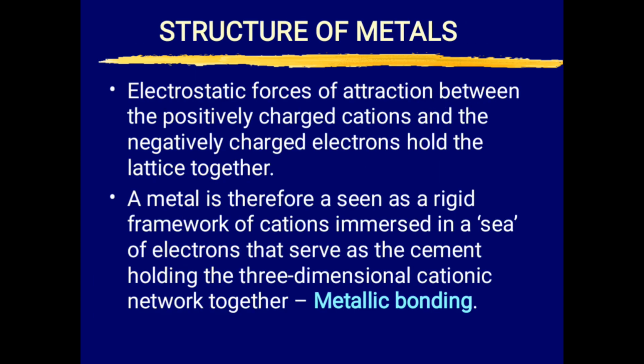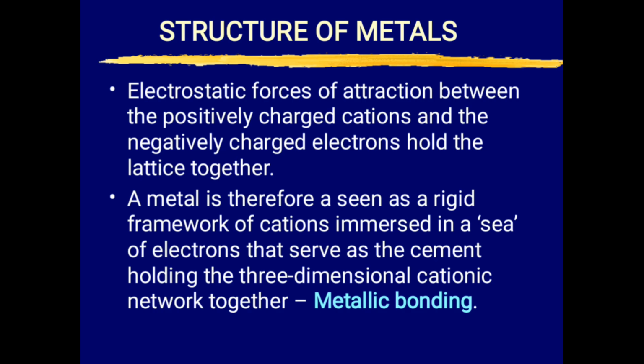So let's go straight to some of these properties. In the structure of metals generally, there is an electrostatic force of attraction between the positively charged cations and the negatively charged electrons that holds the lattice together.